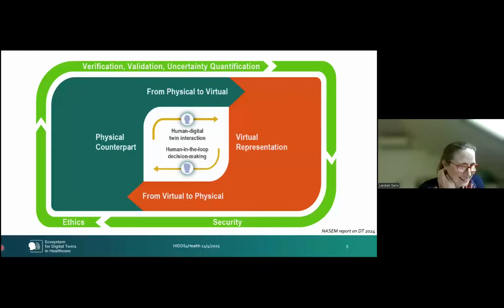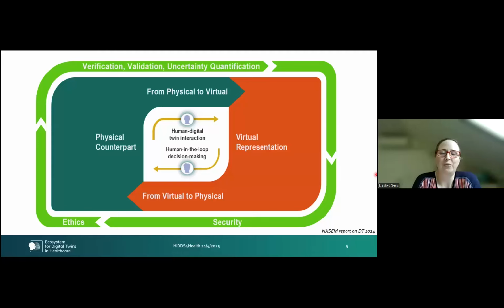Now, because we did have some issues with people insisting on the fact that digital twins really need to have that real-time connection, the National Academy of Sciences, Engineering, and Medicine in the US made a report a couple of years ago on this very topic, and they specifically tried to come up with a compromise on having this interaction.